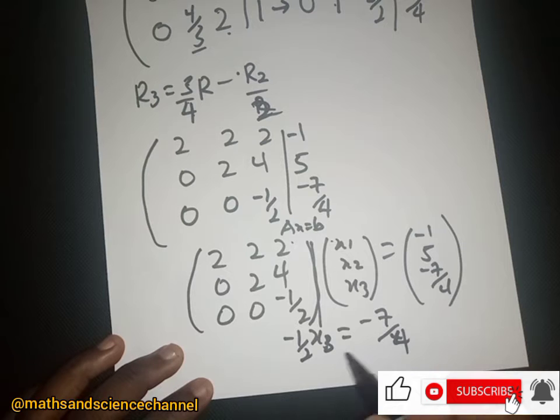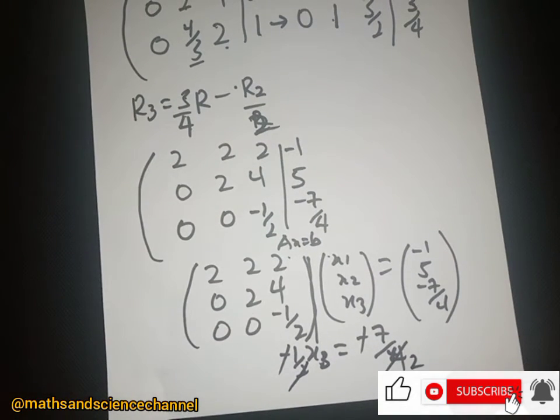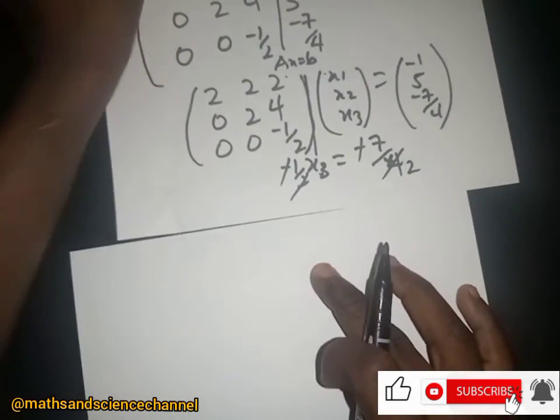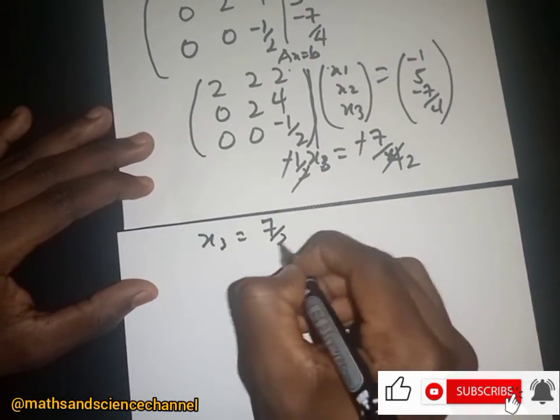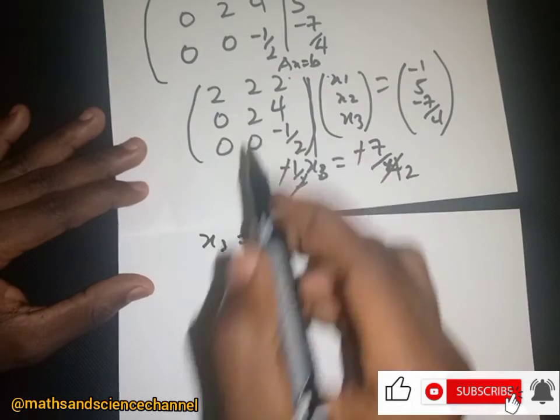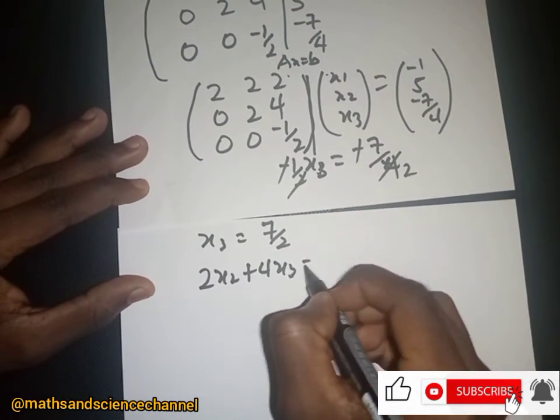So you realize that multiplying through by 2 cancels here, it cancels here, the negative gets rid of that, and from here we just have s3 to be 7 over 2. Now for the second part we have 2 s2 plus 4 s3 being equal to 5.